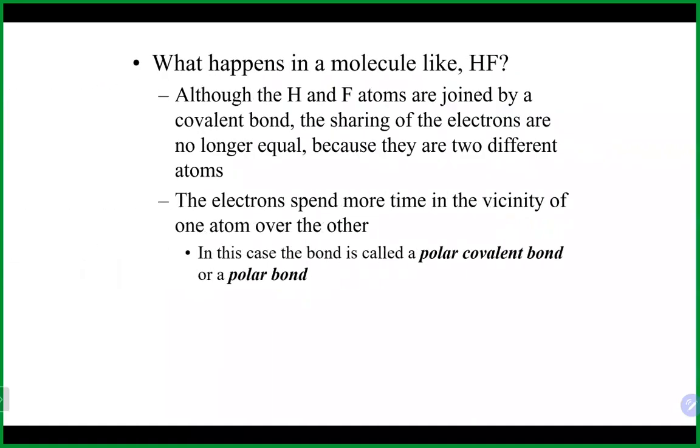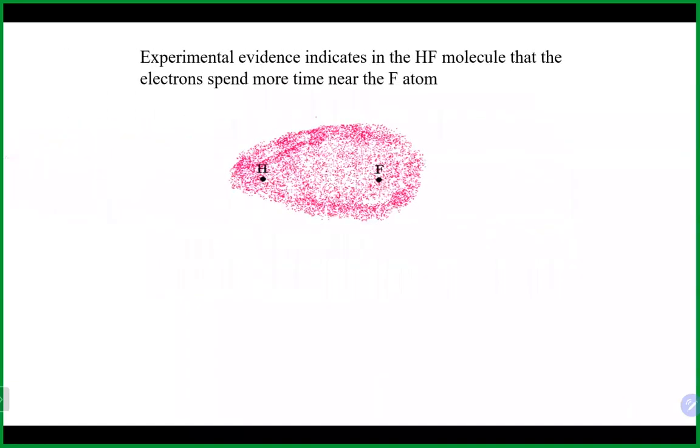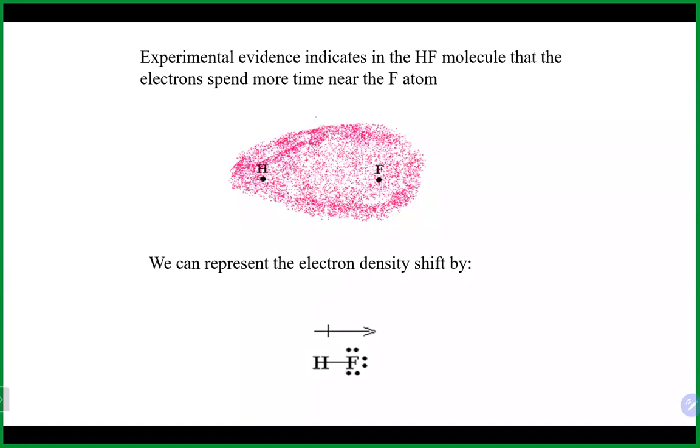That's pretty much what this says. So we could represent it again with that arrow to show the shift in electron density.